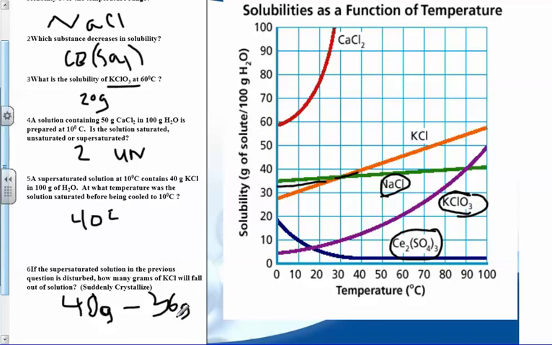And the 36 grams represents the number of saturated grams in the solution. So if we subtract these, we will get 4 grams of solute at the bottom of our beaker or whatever we are heating up.